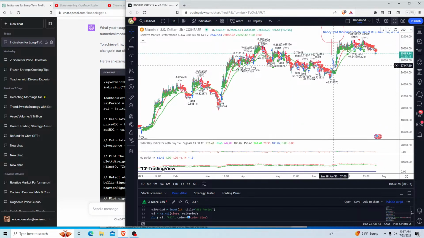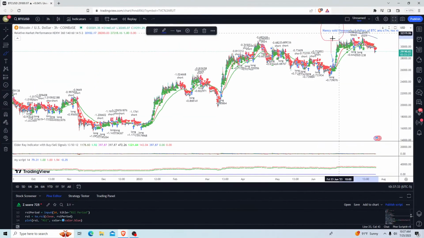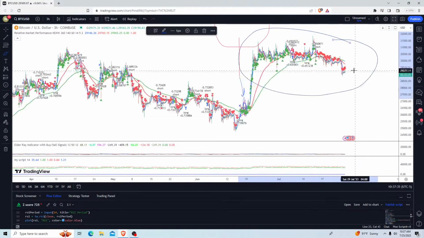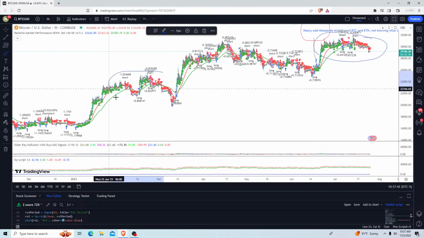So what's happening right now in Bitcoin is this fractal right here. Guys, listen up. I got this right here. This one, see that? Is the same thing as this one. See?